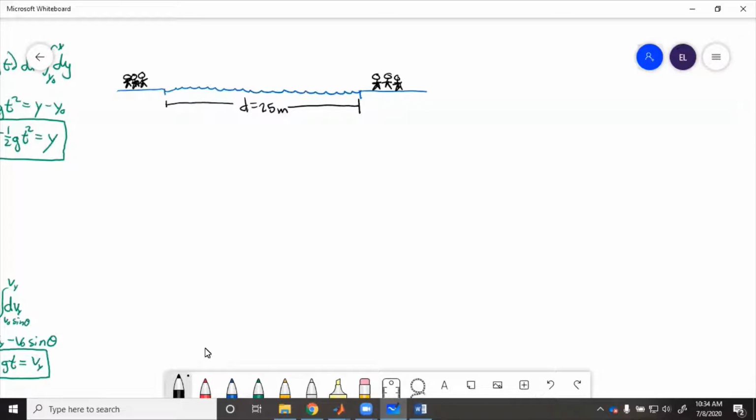And we launch the water balloons, and the goal is to launch those water balloons with an initial speed and angle such that it goes across the pool and hits your friends on the other side.